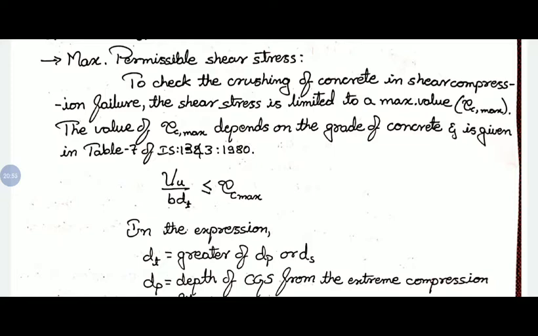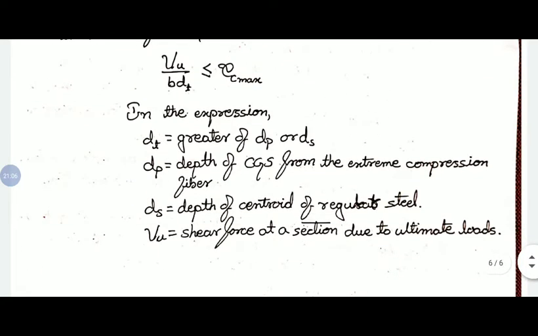So the shear stress should be less than the maximum shear stress as given in table number 7 of IS 1343. In this expression, dt is the greater of dp or ds. dp is the depth of CGS from the extreme compression fiber and ds is the depth of centroid of regular steel. Vu is the shear force at a section due to ultimate loads.